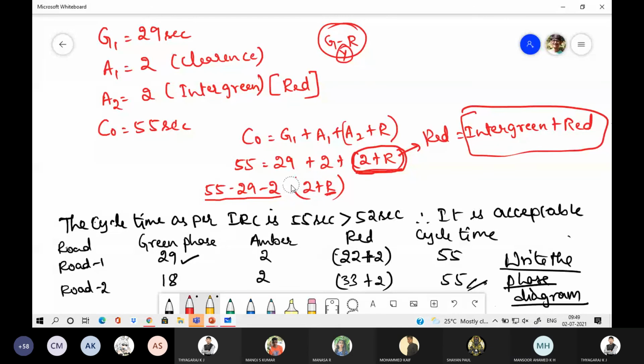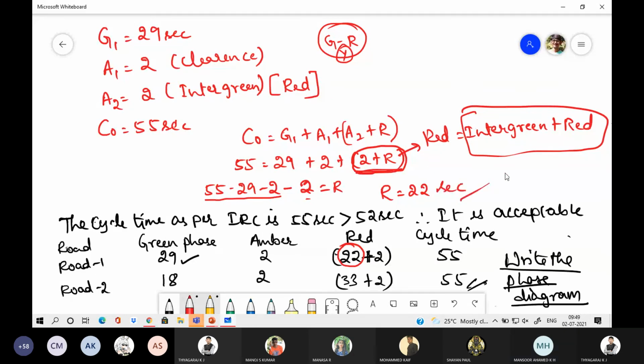You can take these two also here, equal to R. How much are you going to get? Minus 2, it is 22. R is equal to 22. The same thing I have written here. Is it clear? Yes, sir.